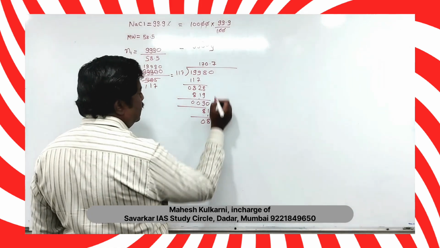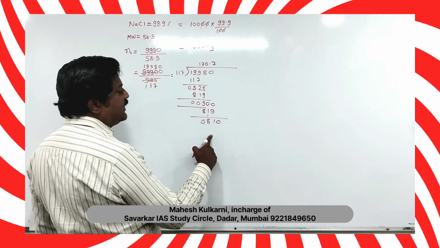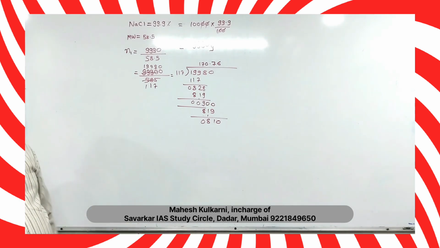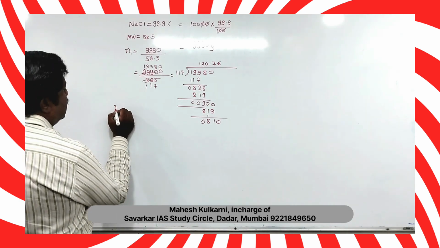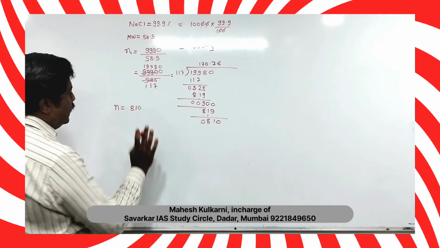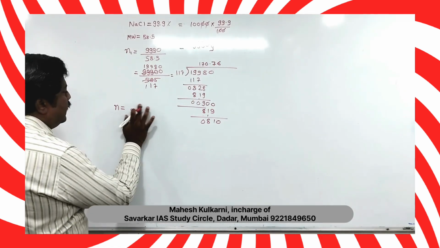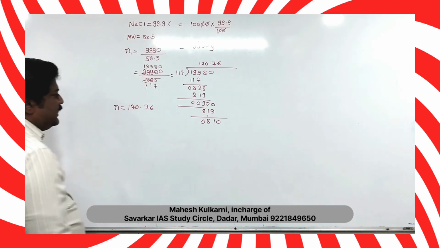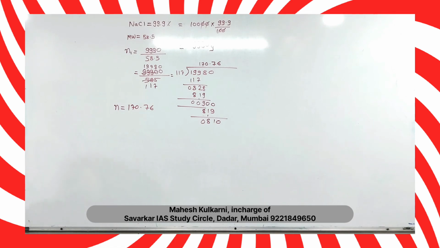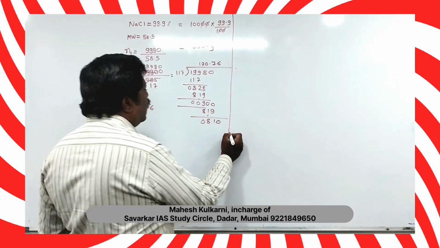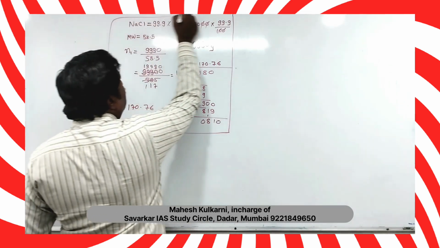Again I will take 0, but now it is not 7s, it is 6. And we don't need to calculate further. So I will say that number of mole is equal to 170.76. We have finished the number of mole calculation for sodium chloride. I will make a box over here.